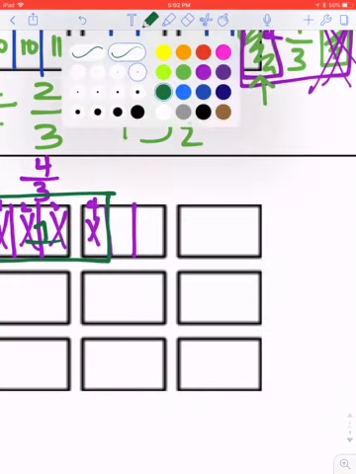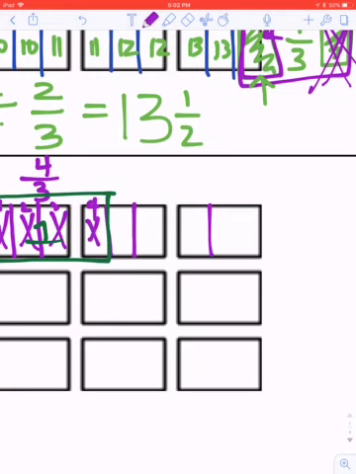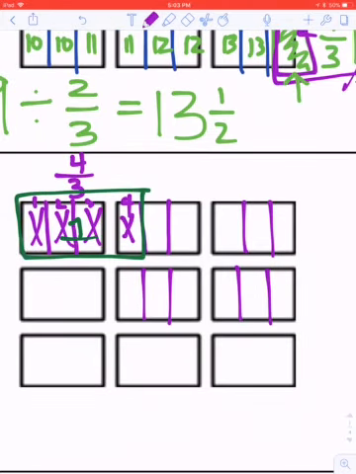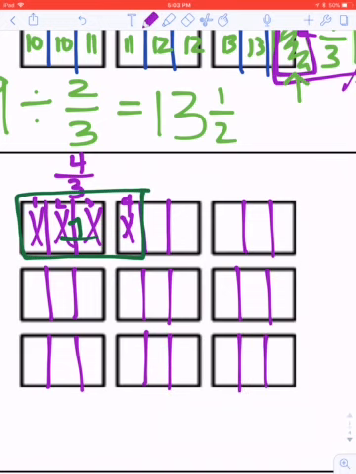So I need to split all my cheese blocks into thirds in order to figure out how many pizzas we can make from these 9 blocks of cheese. And 4 thirds needed for 1 pizza. So here's 1, 2, 3, 4 thirds again.